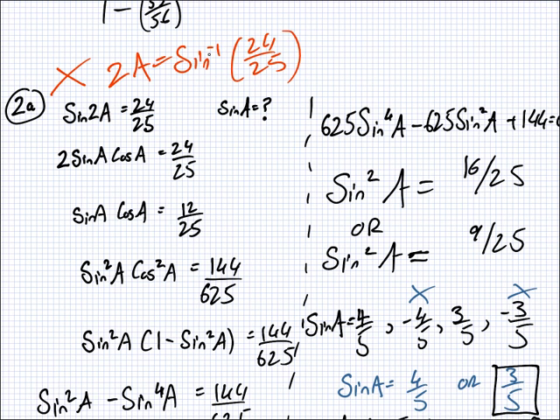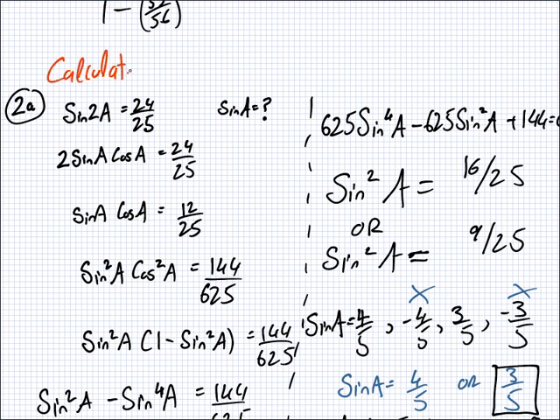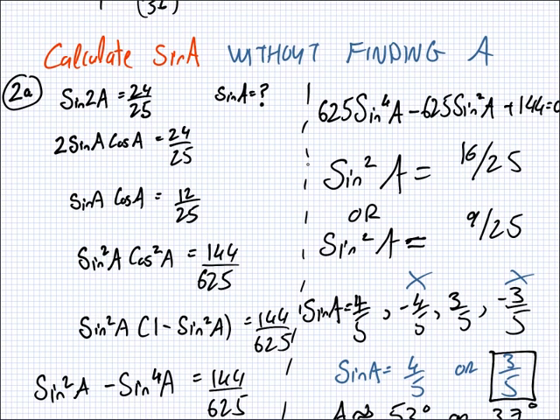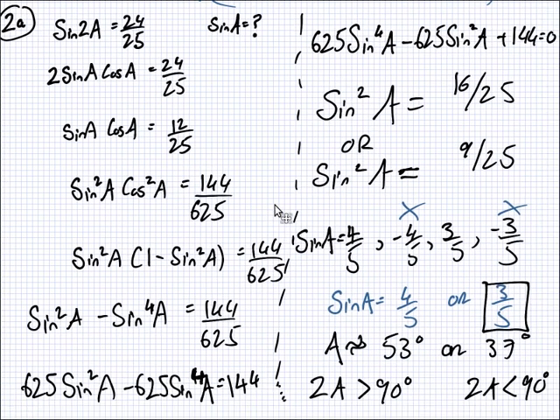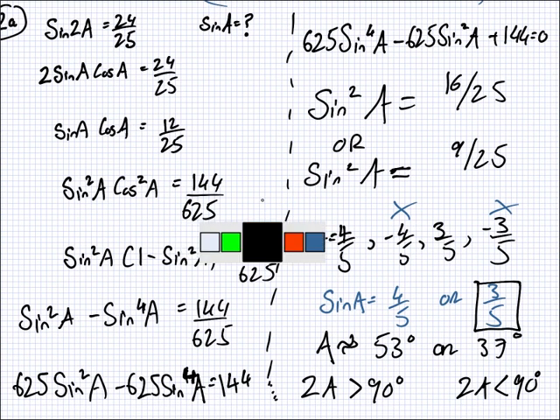They'll say in the question something like, calculate sine A without finding A. You know what I mean? Yeah, I know. So that's what they'll say in the question. If they didn't say that, if they forget, then it's okay.